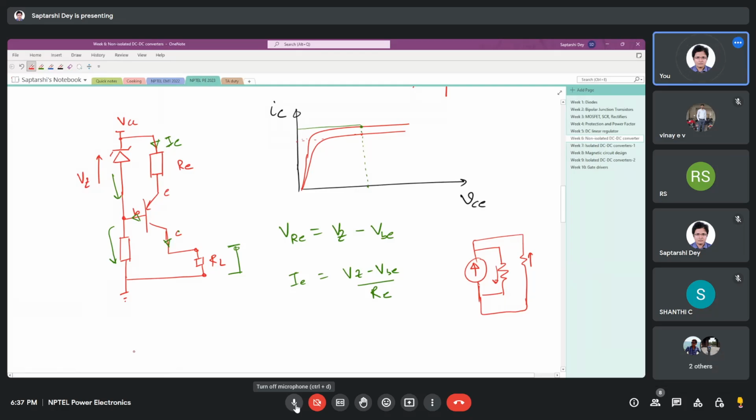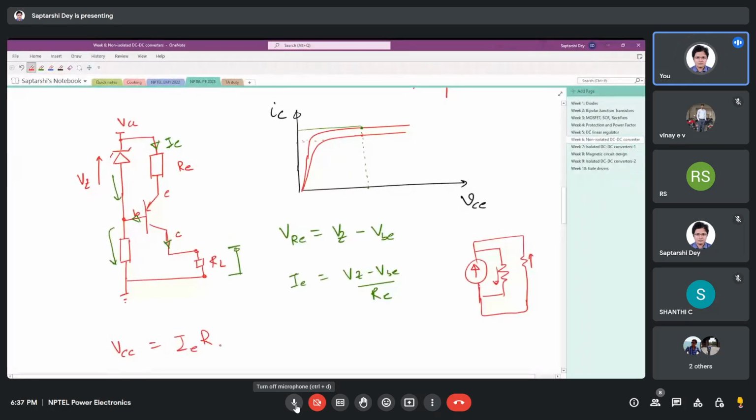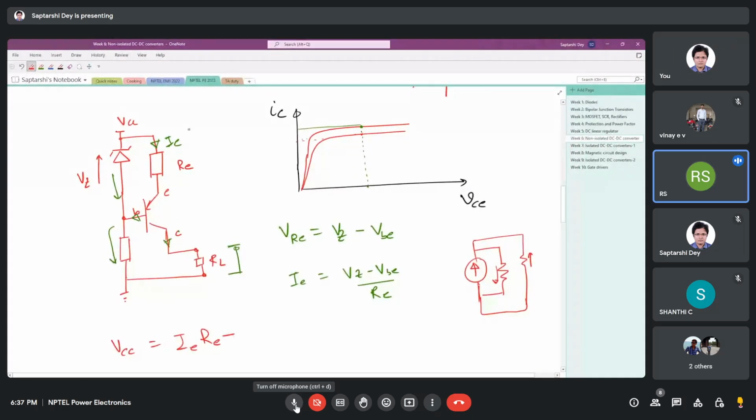see if I write here VCC equals IE RE minus VCE plus the load voltage VL.